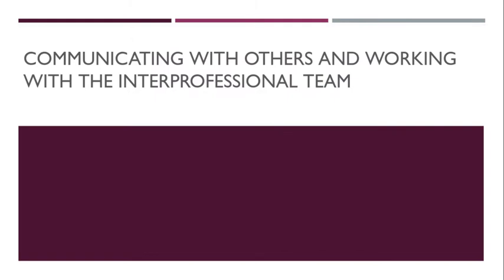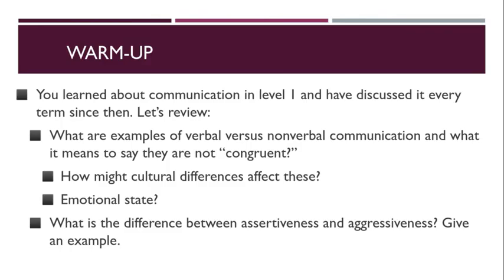So let's go ahead and start by looking at communicating with others and working with the interprofessional team. As a little warm-up, we want you to do an exercise on communication. In level 1, you learned a lot about communicating and have discussed how to communicate every term since then.